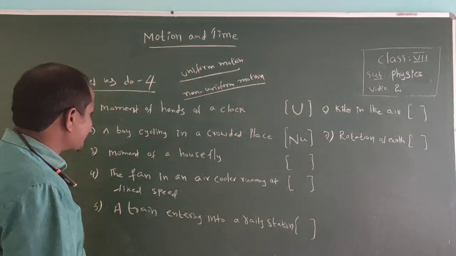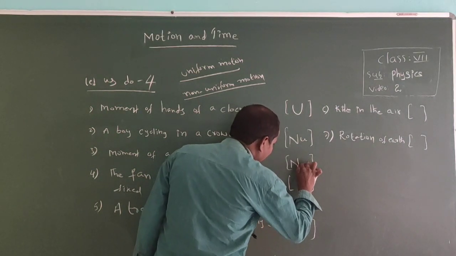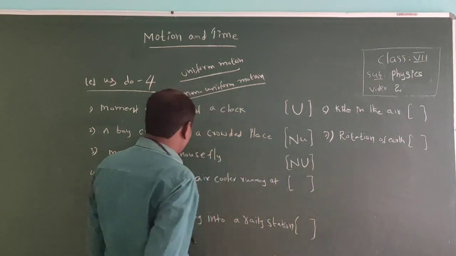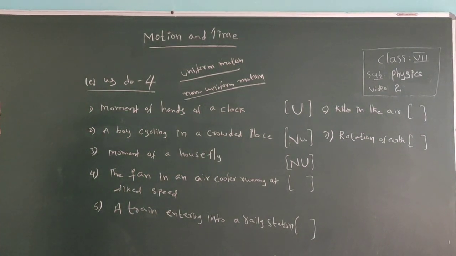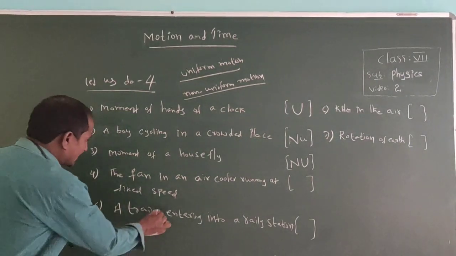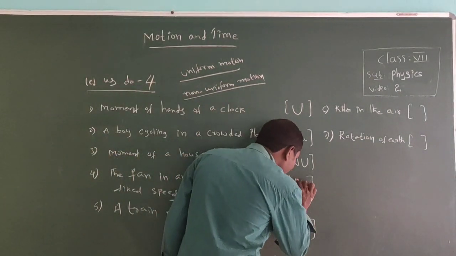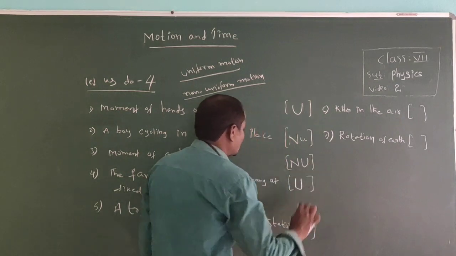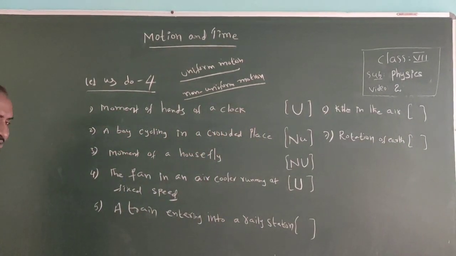Next, movement of a housefly. That is also non-uniform motion. Okay, next one, the fan in an air cooler running at a fixed speed. So it is uniform motion, that is U. Okay, next one, a train entering into the railway station.